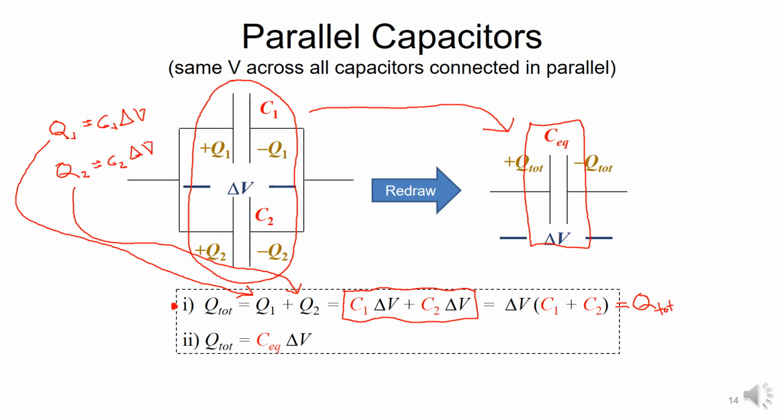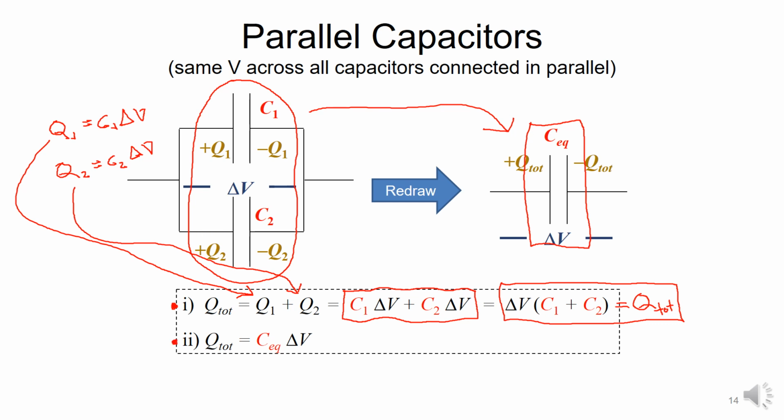Put this in another box. So we got an equation to calculate the total charge in the two capacitors. Let's look at the next equation.